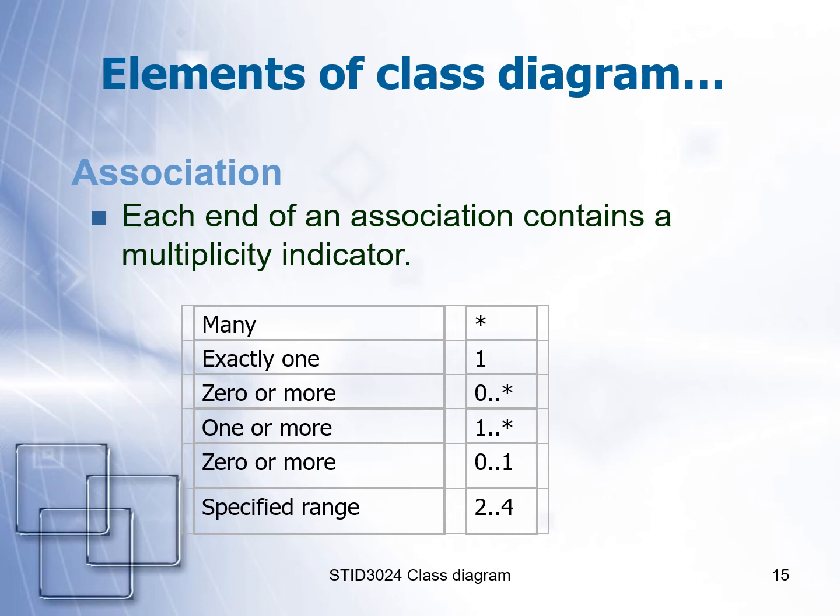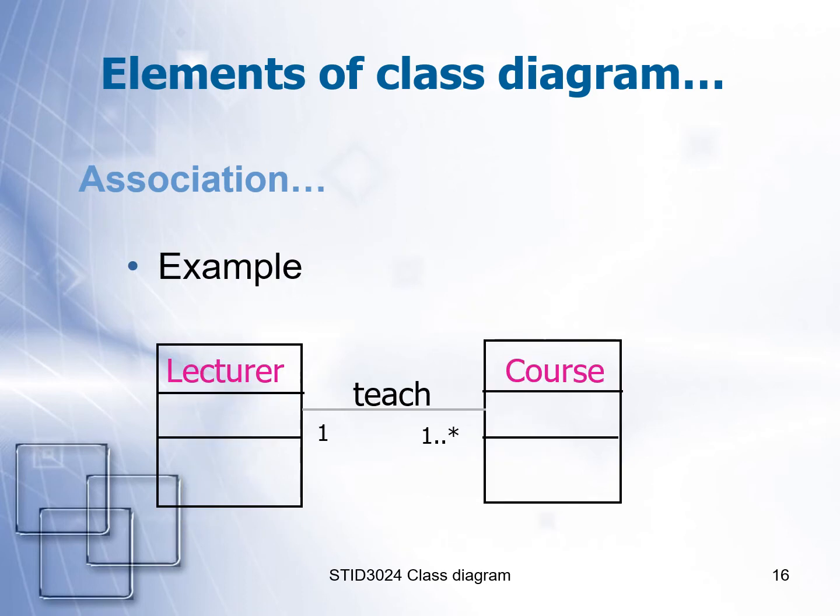If you see a star, it also means many. 1 to many, 0 to 1, minimum, maximum. This is a specified range where sometimes you only need a certain number of multiplicity, so you can put 2 to 4. So how do you read this? One teacher teaches 1 to many courses.